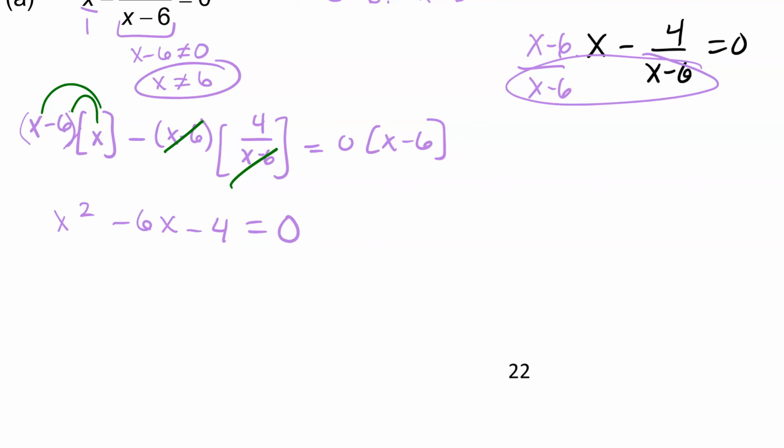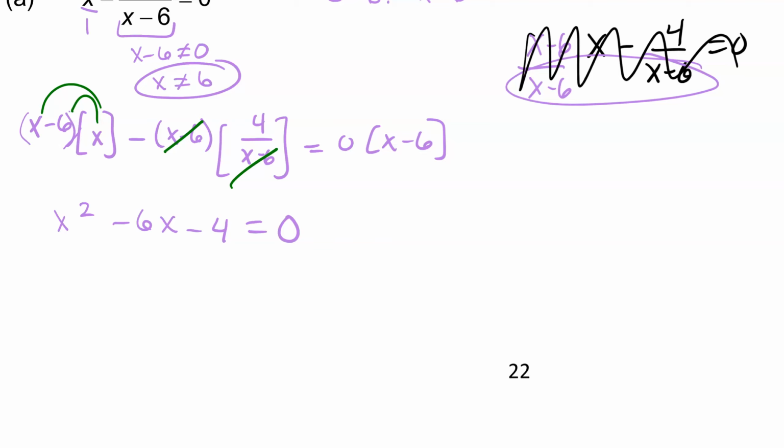Because if the bottom equals 0, it's undefined. If the top equals 0, the overall will be 0. But I'm trying to show you a good method of solving. If you multiply every single term by your least common denominator, certain things will cancel. You could solve this one by doing what I wrote on the right side, and that's easy. But later when we have harder problems, multiplying every single term by the least common denominator is just simpler.